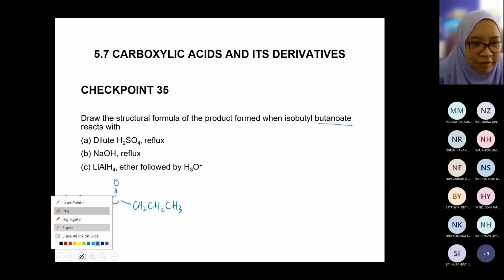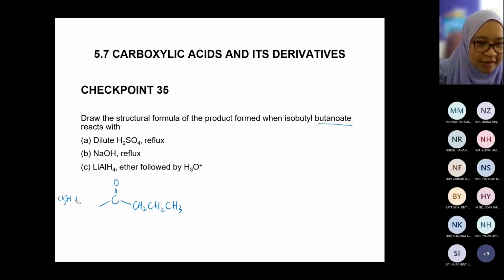Kalau skeletal laju sikit macam ni. O. Okay. Ni isobutyl. Okay, this is isobutyl.